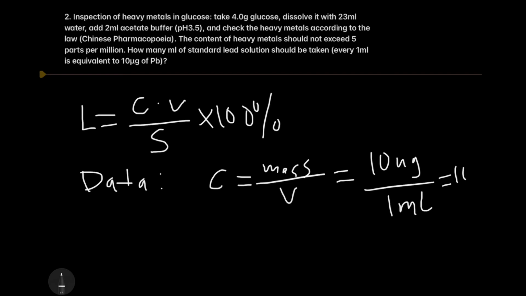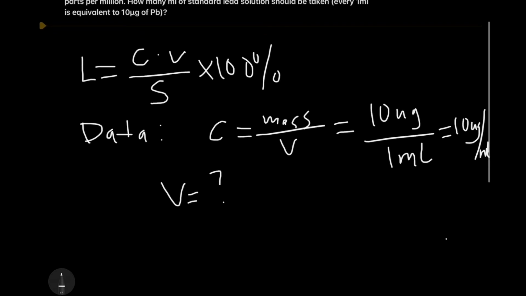This will give us 10 micrograms per millimeter. So that is our concentration. Then the volume is what they want us to calculate, so we don't have the value. Then the amount of substance being tested.